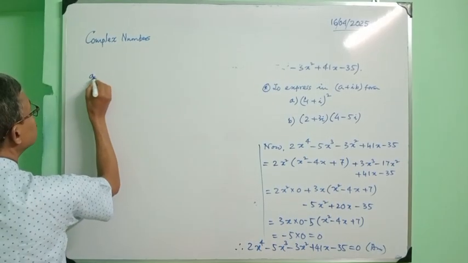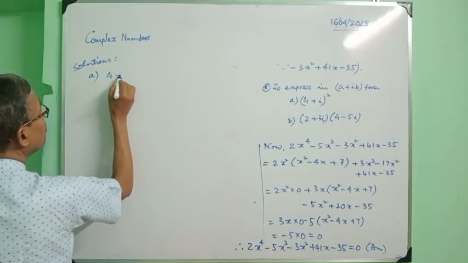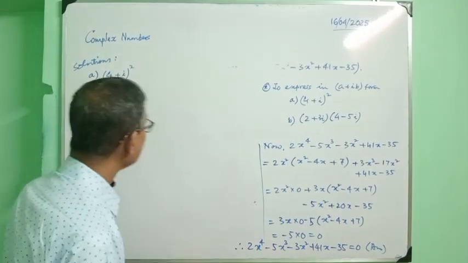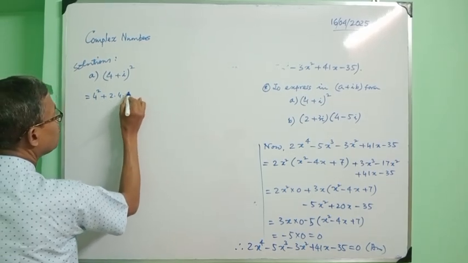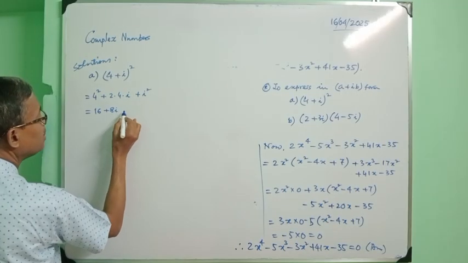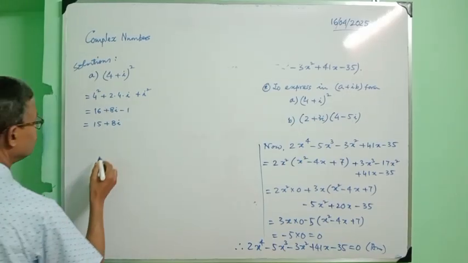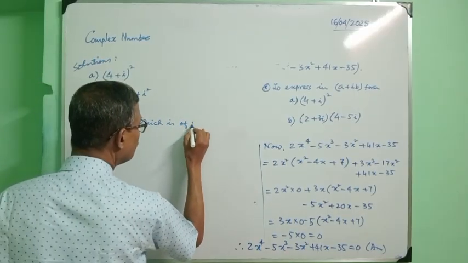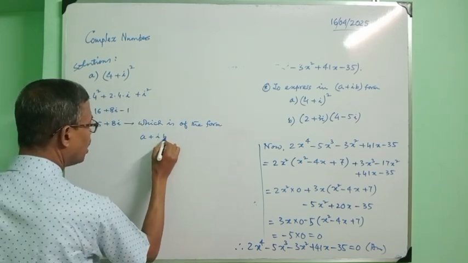First of all, 4 plus i whole square. Since whole square is there, I use the identity 4 square plus 2 into 4 into i plus i square: 16 plus 8i minus 1, 15 plus 8i, which is of the form a plus ib.